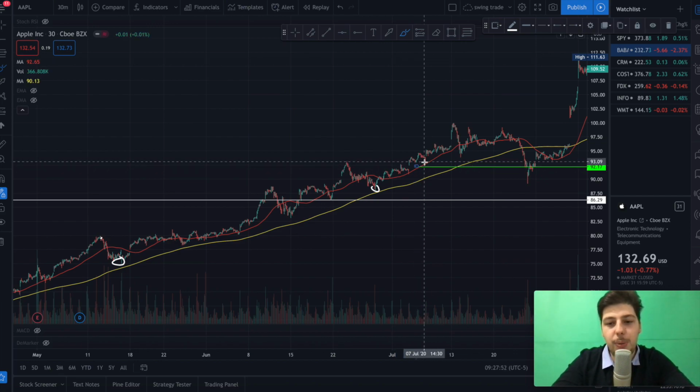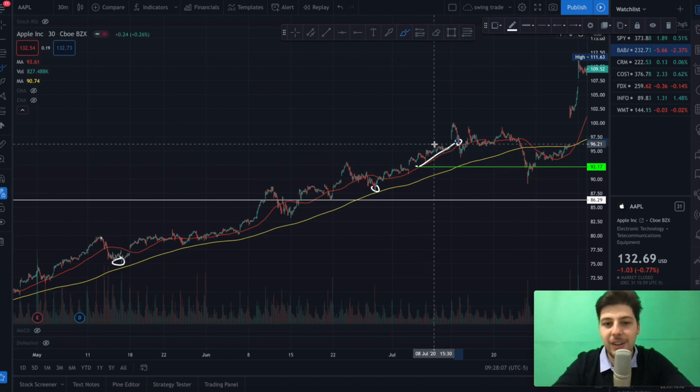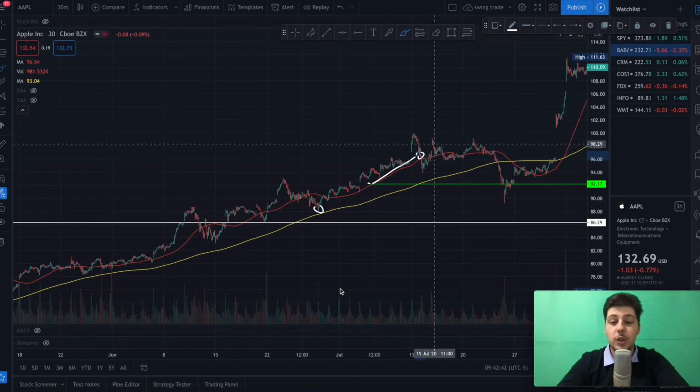If we stayed in the position as long as it's above the 50 moving average, you can see you would get out right around this area, where you risked 1 to make 5, which is much more profit. So with this way you can use the 200 moving average for a longer term trend and use another moving average like 50 or even 20, even 9 for intraday trading, for a shorter term trend. As we used here the 50 moving average to ride a trend using a 30-minute time frame.